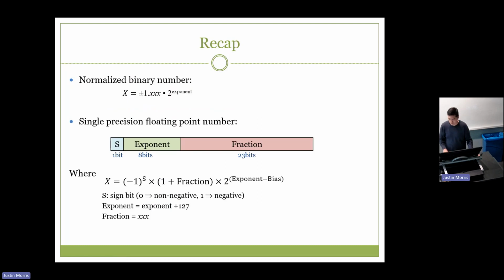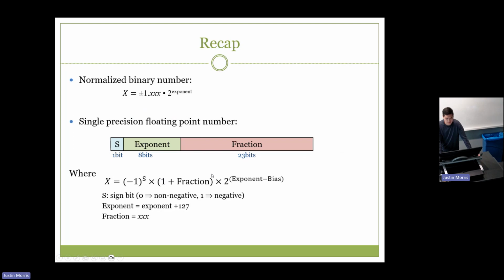Alright, so just as a recap, this is our representation. We have the sign bits, the fraction bits or mantissa, and then the exponents. And this is how they are laid out. 1 bit of sign, 8 bits of exponent, 23 bits of fraction or mantissa.